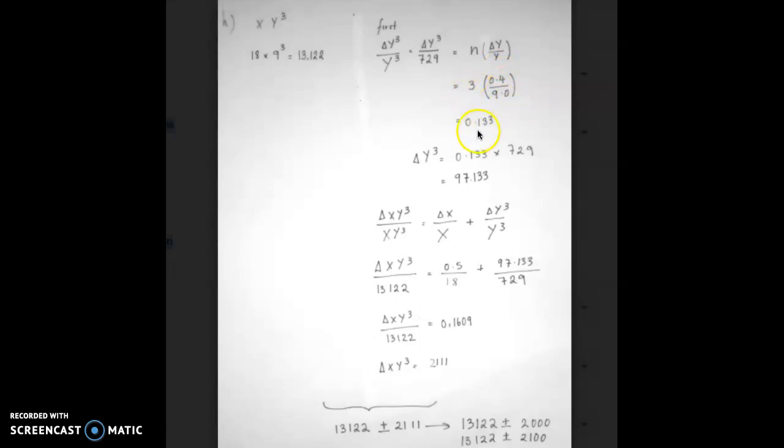So 3 times that gives you 0.133. Now we need to multiply this 0.133 by 729 to give us our uncertainty in y cubed.